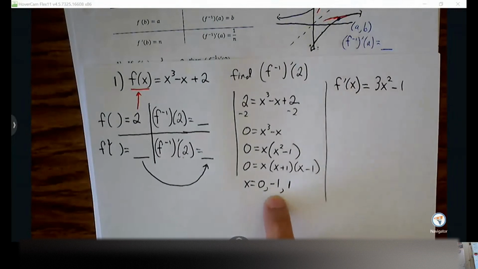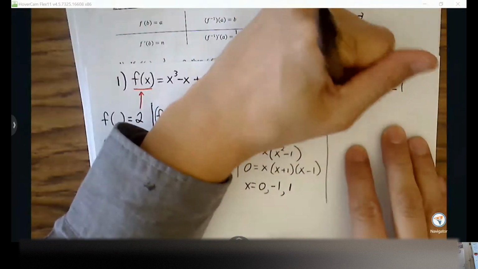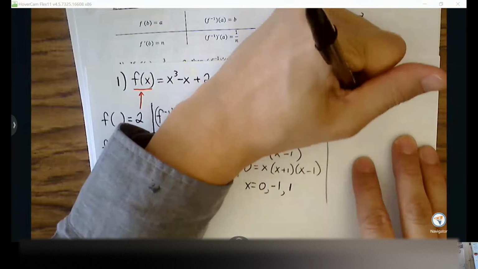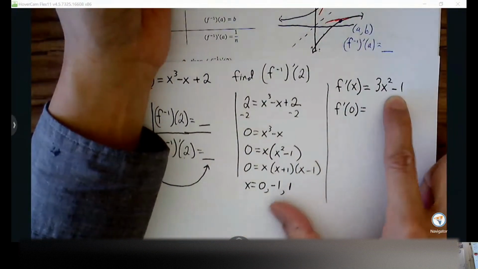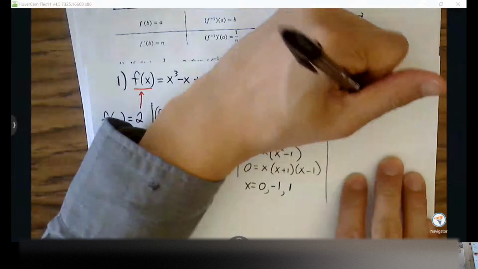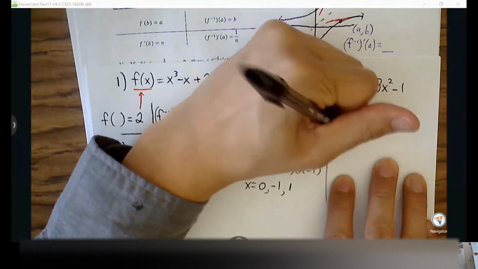So I have 3 variations here. I just want to be able to go through all of them so that whatever shows up in the answer choice is going to be the one that I choose. So I need to evaluate f prime of 0, which is 3 times 0 squared minus 1, which is -1. I need to find f prime of -1.